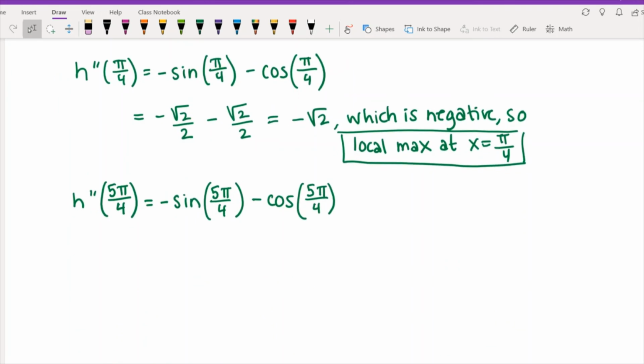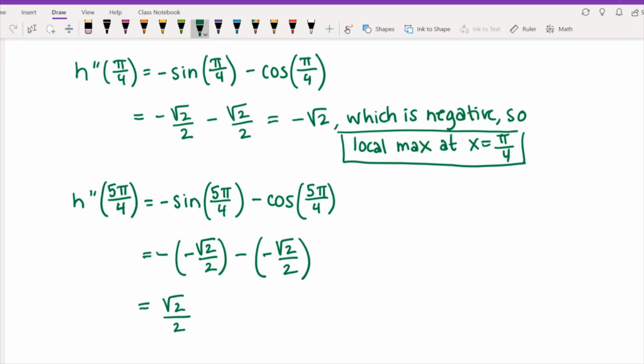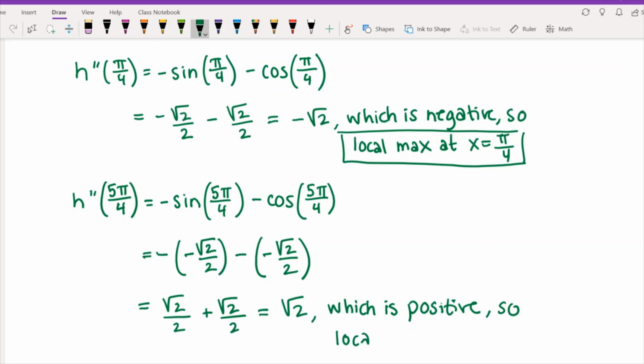So we're going to have negative square root of 2 over 2 minus negative square root of 2 over 2. And so we're going to get two positives. We're going to get square root of 2 over 2 plus square root of 2 over 2, which altogether gives you square root of 2. And so that is a positive number. And so that tells us that our graph is concave up at that point. And if your graph is concave up, that means that you have a local min.